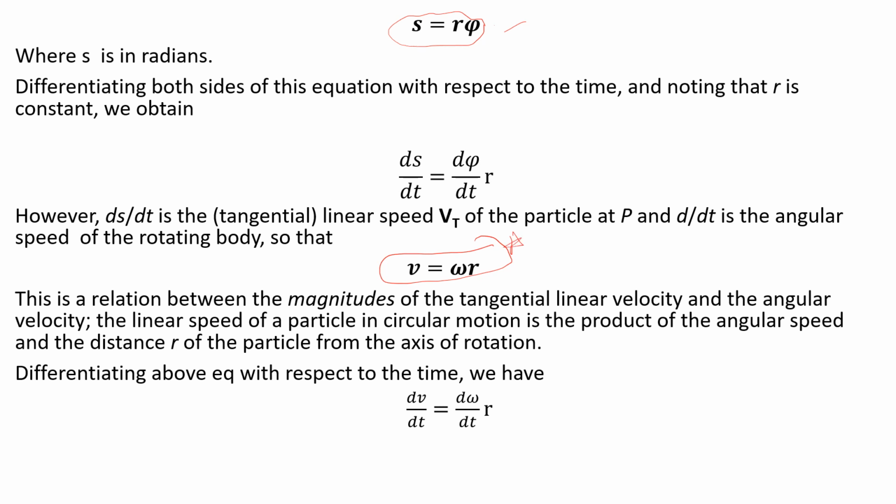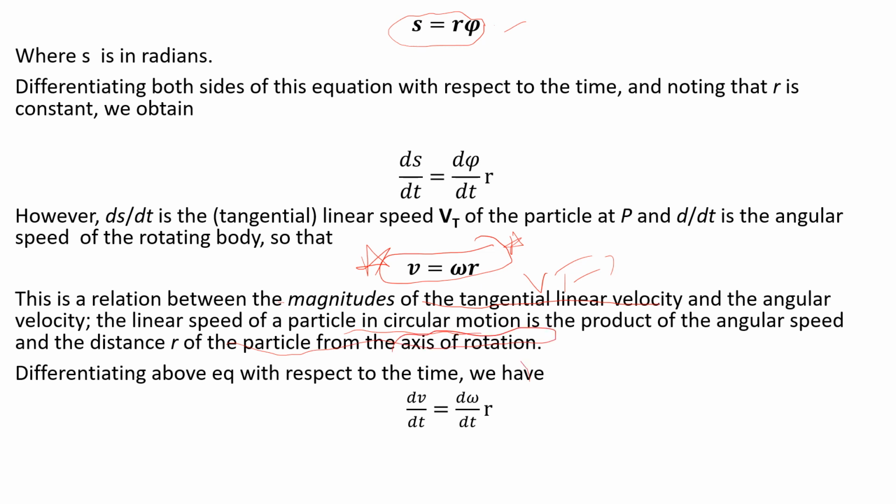We have already proved this in our preceding slides. This is the relation between the magnitude of the tangential linear velocity, which can be written as v_t, where t represents the tangent, and the angular velocity. The linear speed of the particle in circular motion is the product of the angular speed and the distance r of the particle from the axis of rotation.